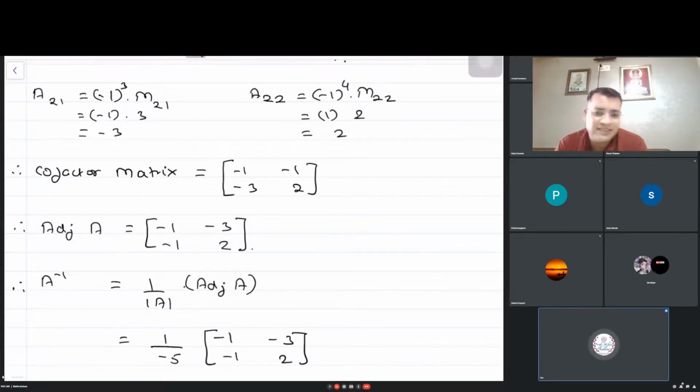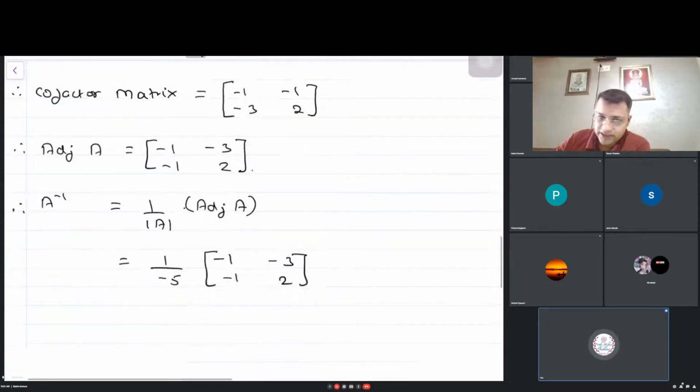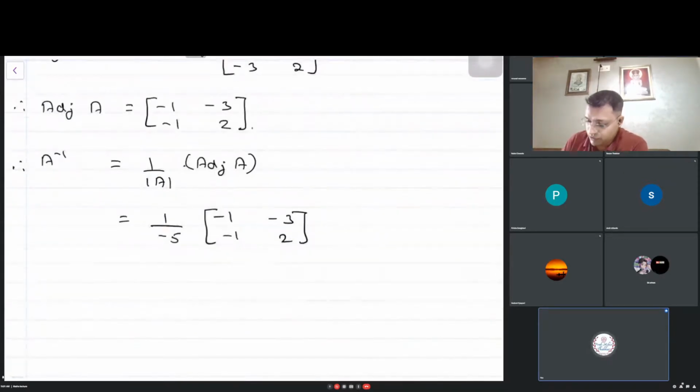It's completely acceptable. There is no harm in this. But there is one thing that I can do. There are lots of minus signs that I can see, and if there are lots of minus signs, there is a high chance of making lots of errors. So what I will do over here is, I will just leave this 1 by 5 as it is.